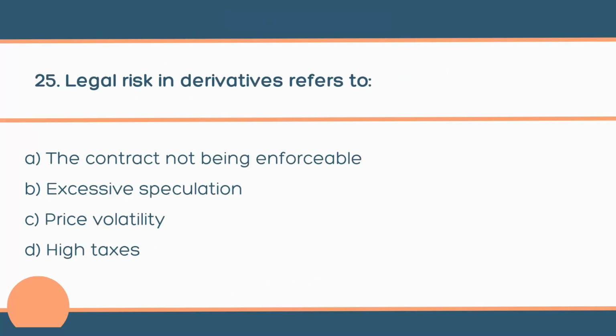Legal risk in derivatives refers to the contract not being enforceable, because sometimes legal loopholes or jurisdiction issues make contracts hard to enforce. So the answer is A, the contract not being enforceable.